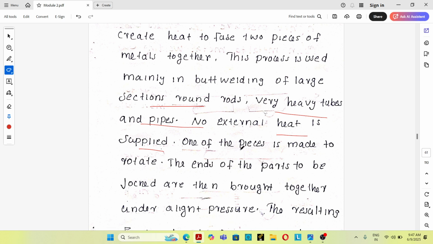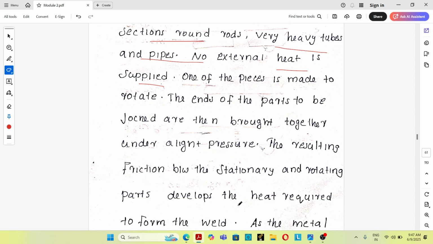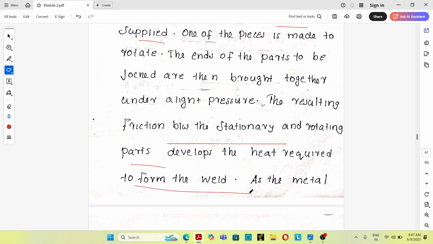During friction welding, initially the ends of the parts to be joined are brought together under a light pressure, resulting in friction between the stationary and rotating parts that develops the heat required to form the weld.